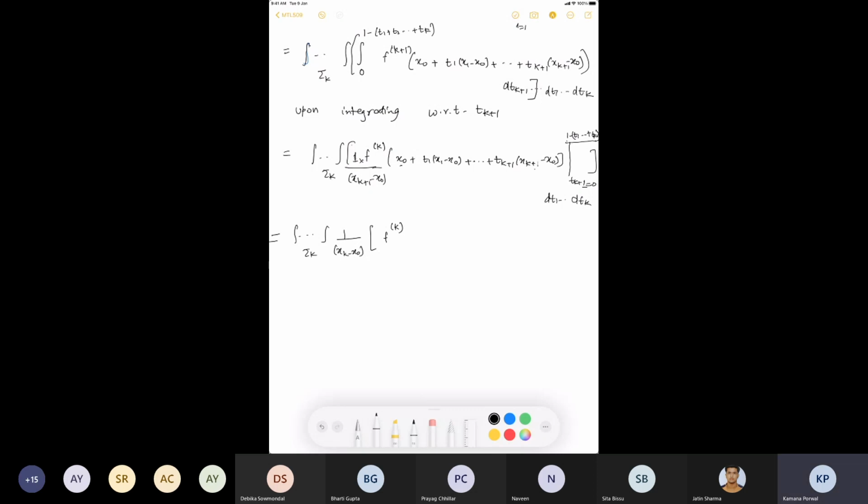So x naught will be cancelling out. So I will be left with the xk plus 1 plus t1 into x1 minus x naught, and then minus xk plus 1 plus x naught. So I will have this as t1 times x1 minus xk plus 1. So likewise, the last term is going to be tk times xk minus xk plus 1.